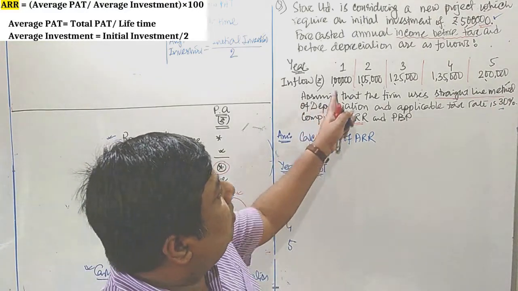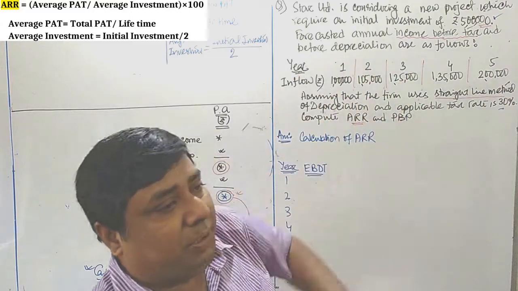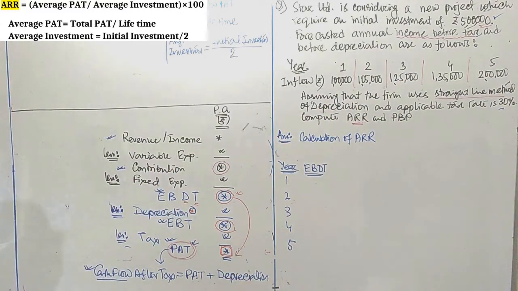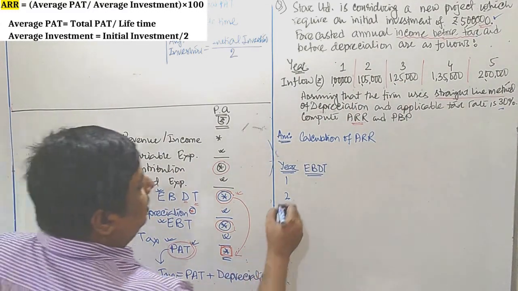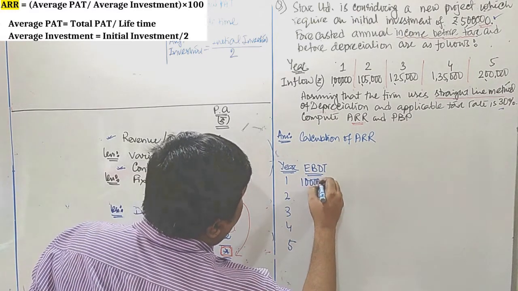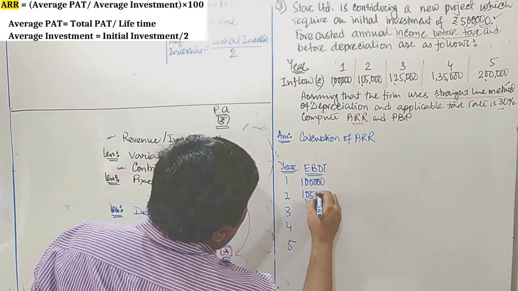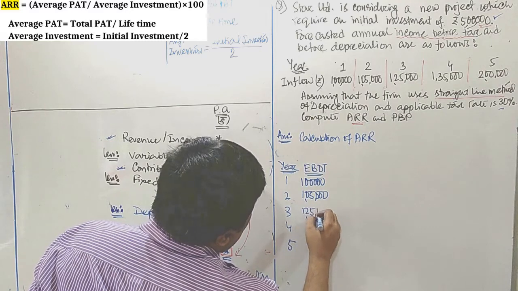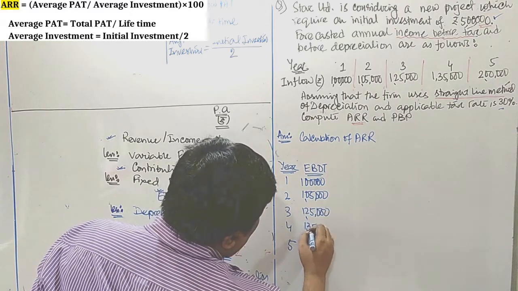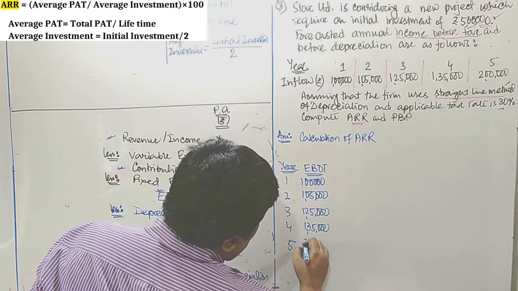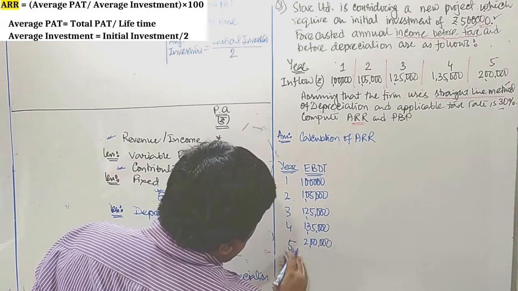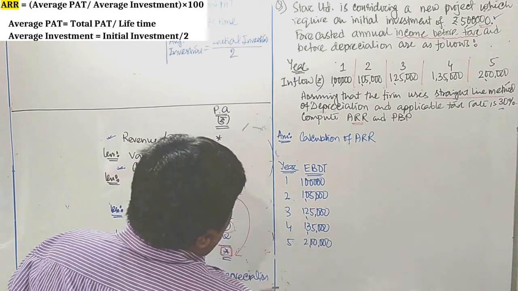Because all such income is represented as income before tax and depreciation. What figure is available to us? One by one you have to plot. At first year it is 1 lakh, 1 lakh 5,000, 1 lakh 25,000, 1 lakh 35,000, and at year 5 it is 2 lakhs rupees.